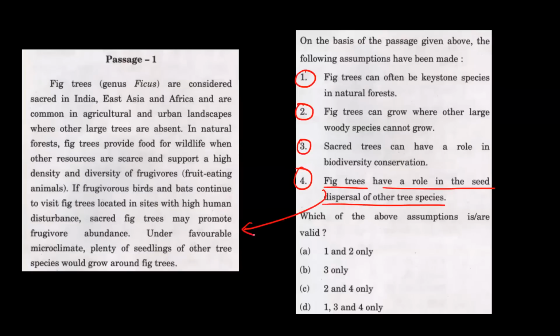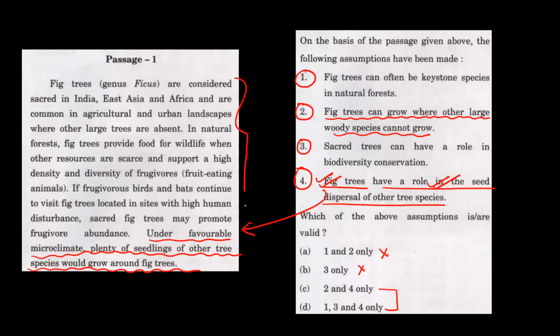So if you read the last line, under favorable microclimate, plenty of seedlings of other tree species would grow around the fig tree. This clearly assumes that fig tree has a role. So we eliminate this, we are left with 2 and 4 and 1, 3 and 4. Now we have to just read statement 2: fig trees can grow where other large woody species cannot grow.